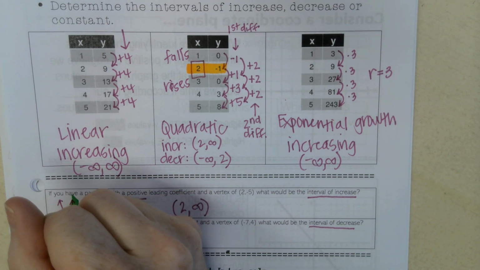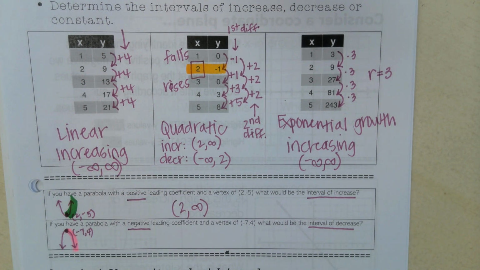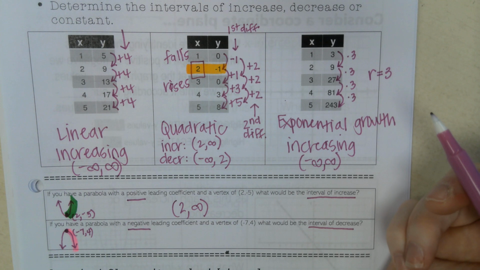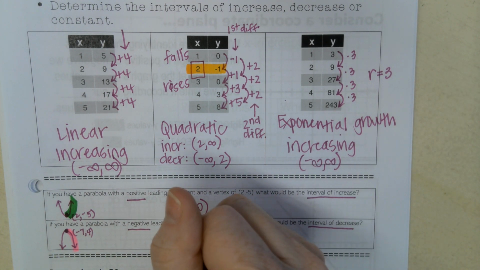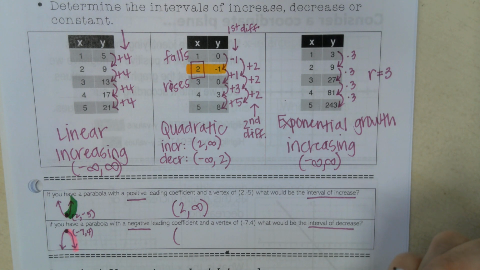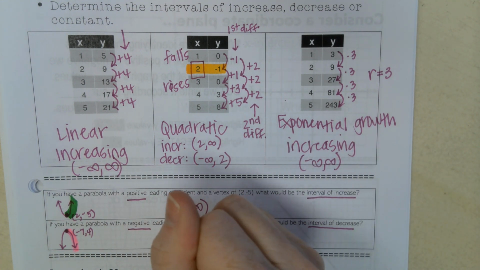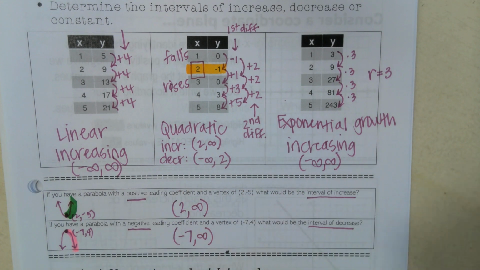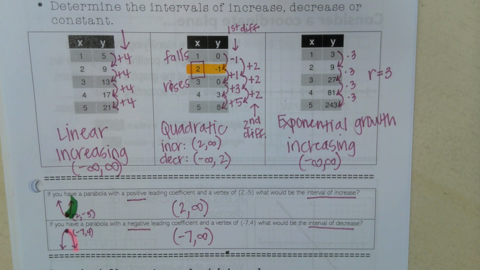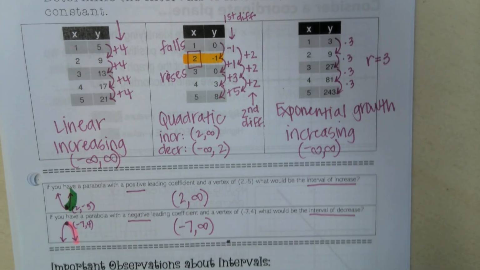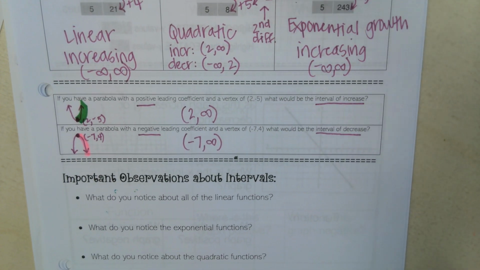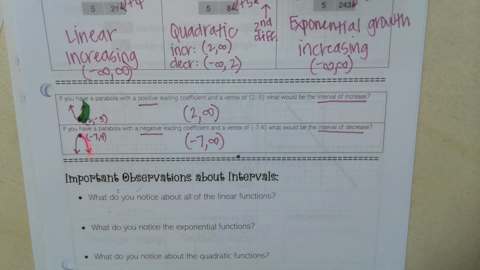This one decreases after the vertex. What value do I use to write that? Negative infinity. Or no, sorry, -7. -7 to positive infinity. Even if it's going down or up, it's always going to be positive, because I'm moving left to right.